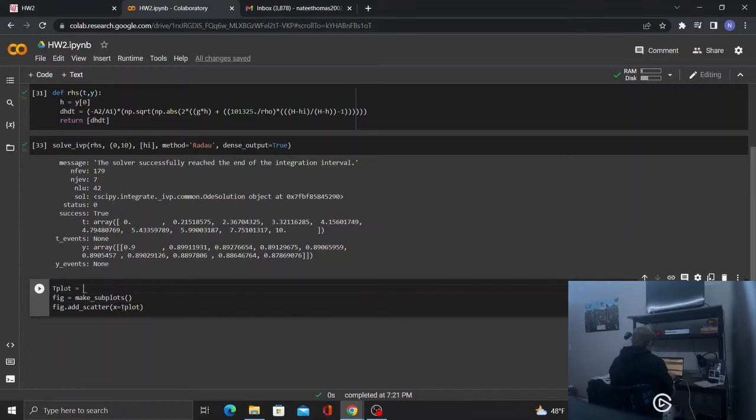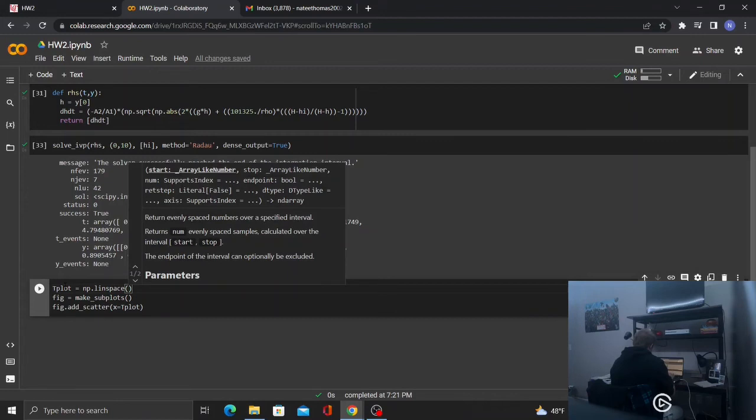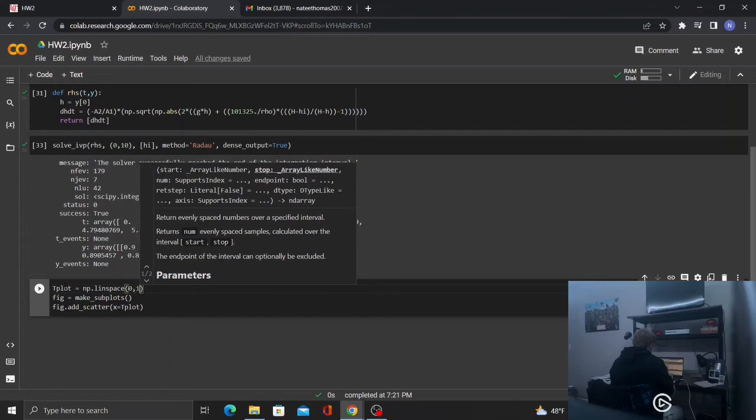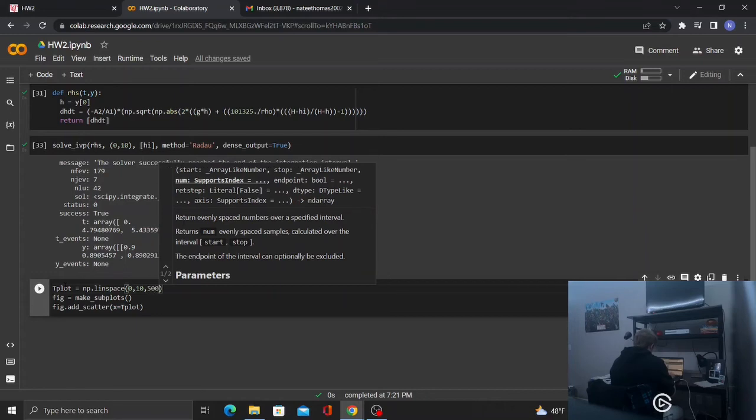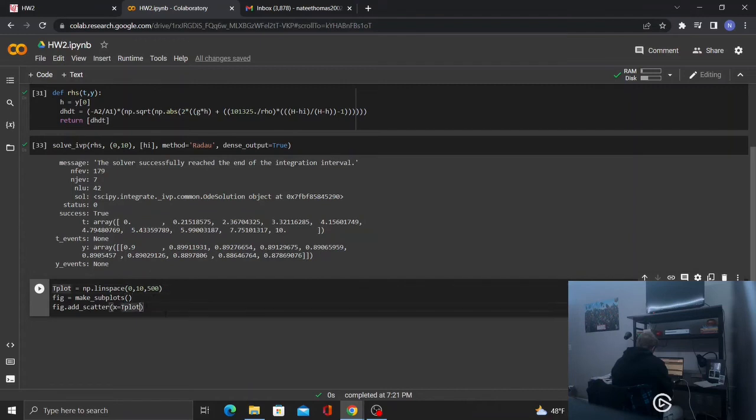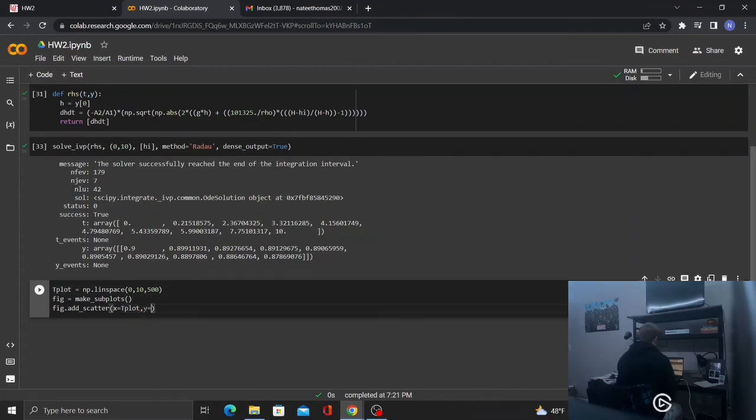Tplot, we're just going to make linear space values using numpy linspace, and we will start from 0 and go to 10 and make 500 linear space values in between there. And the y values will be the solution for the height at these t-plot values.